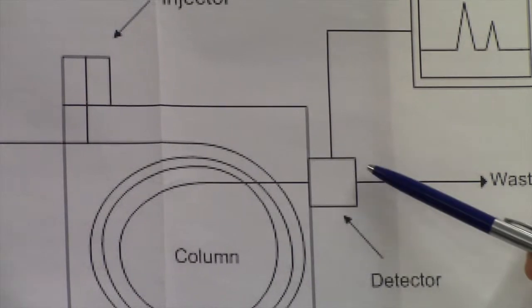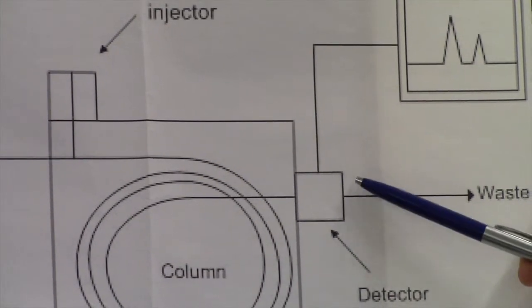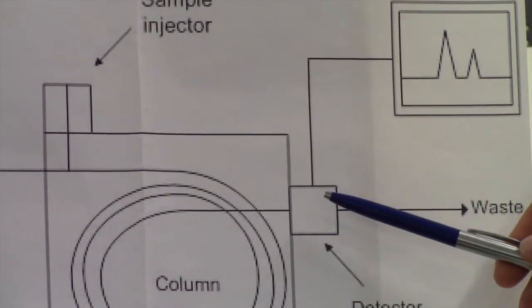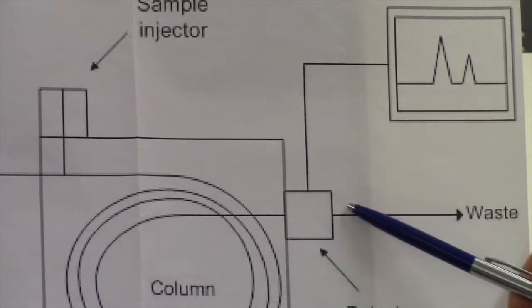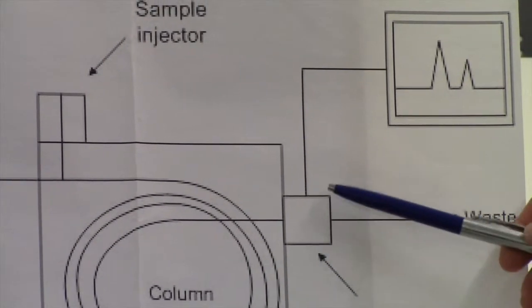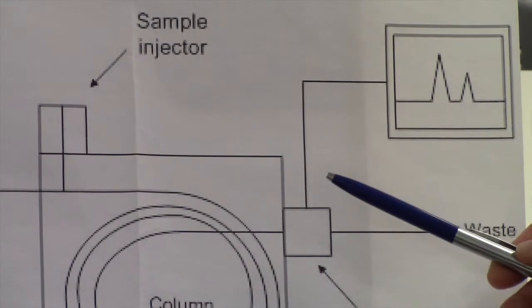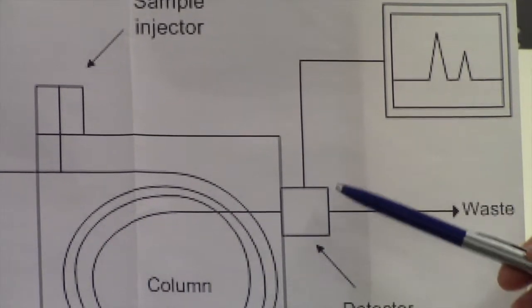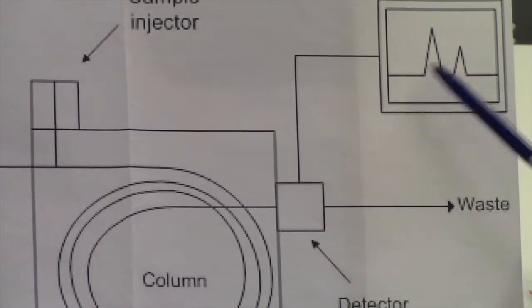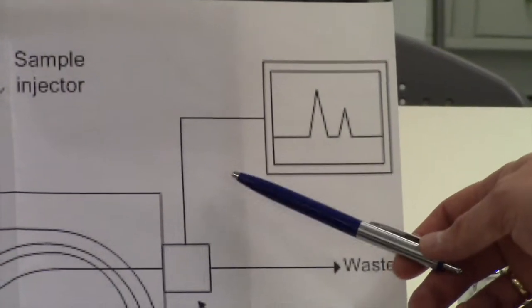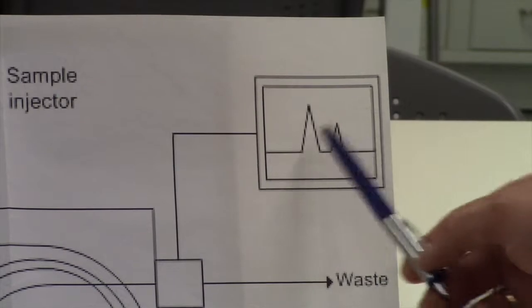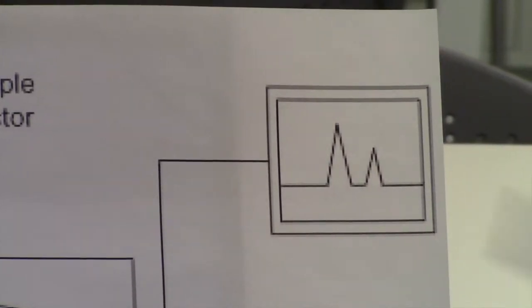So on the basis of catalytic ignition or combustion, the sensor detects the voltage difference or spikes, which are transferred to the computer and recorded as a chromatograph, which you can see.